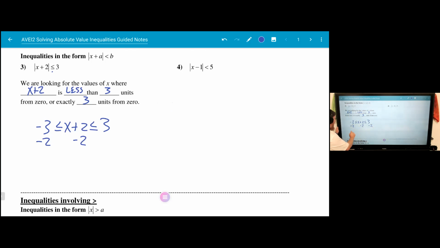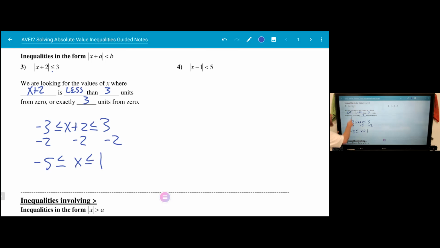On the left-hand side, I have -5 is less than or equal to x plus 2 minus 2, which just gets rid of the 2's, so this is just x, less than or equal to 1. If you're not sure, plug some values in. Let's check -5. -5 plus 2 is -3. The absolute value of -3 is 3, and 3 is equal to 3.